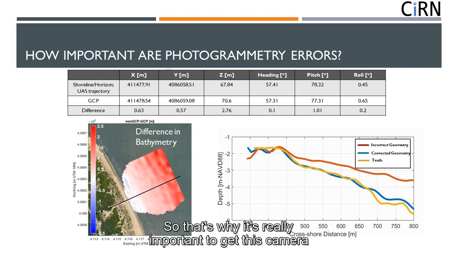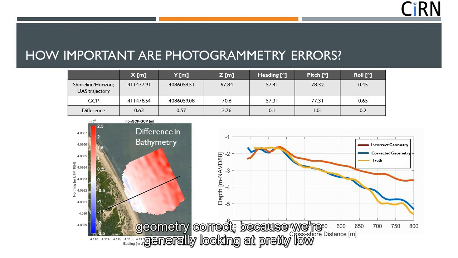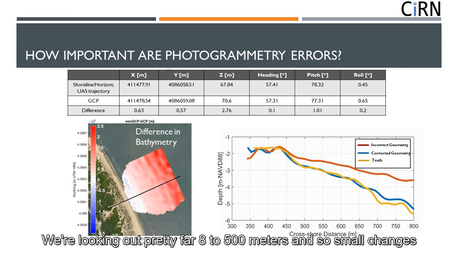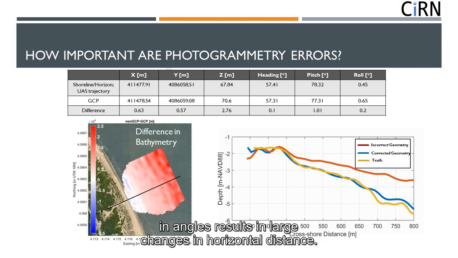So that's why it's really important to get this camera geometry correct, because we're generally looking at pretty low angles. We're looking out pretty far, 500 meters. And so small changes in angles result in large changes in horizontal distance.